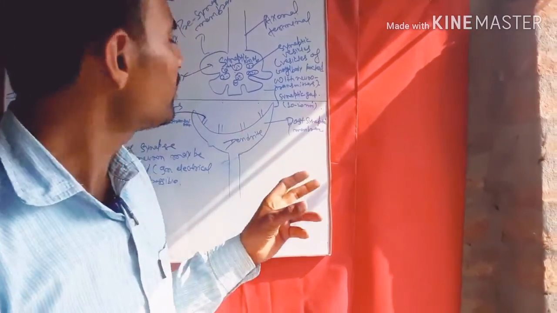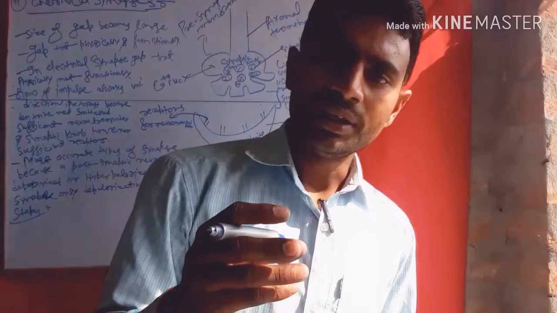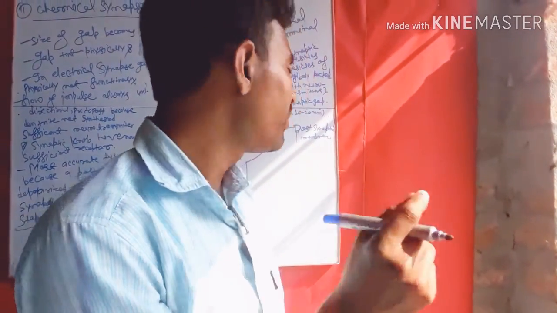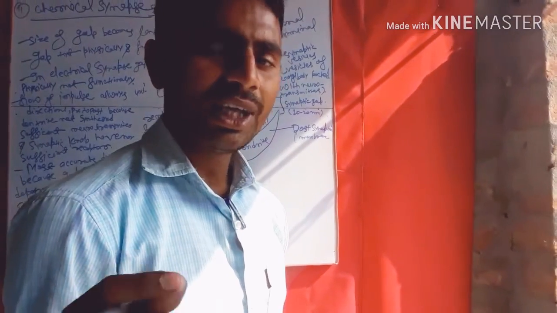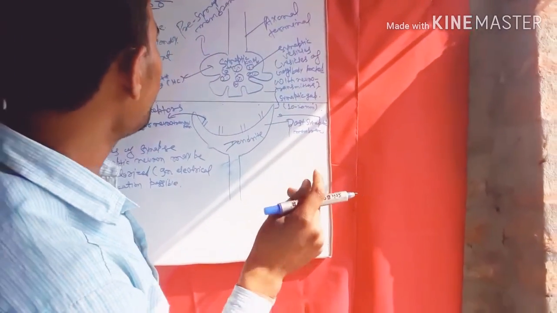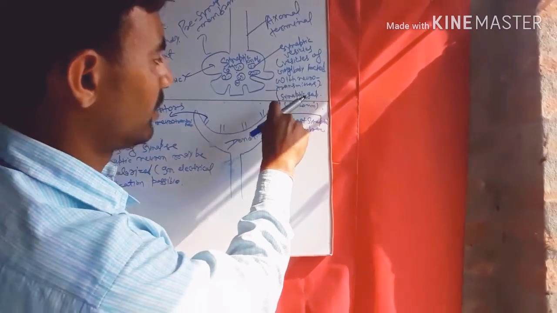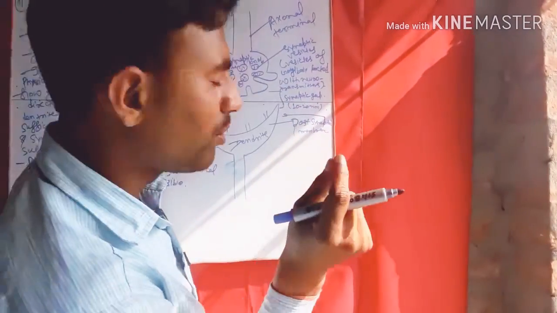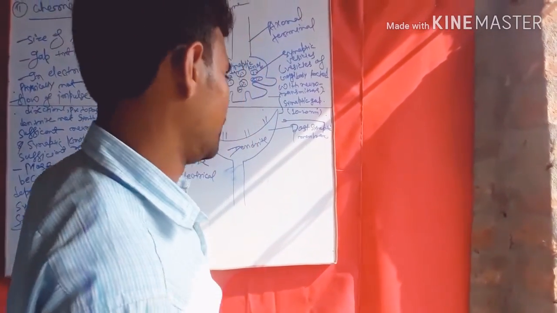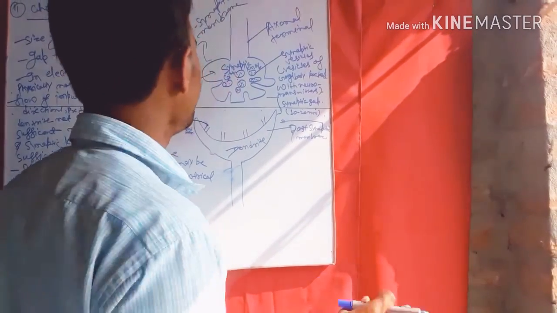But in the chemical synapse, the space between the two neurons, the synaptic cleft, is 10 to 20 nanometer. This means the gap between two neurons becomes larger.